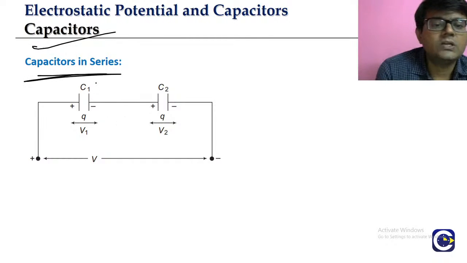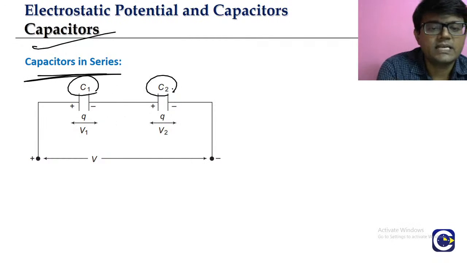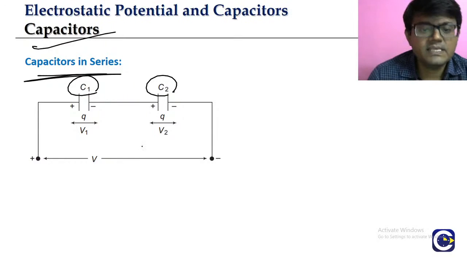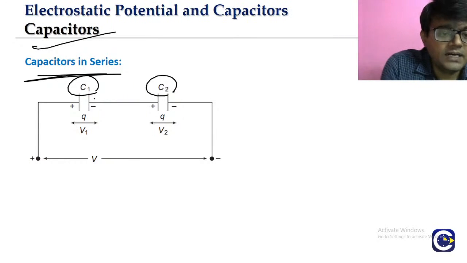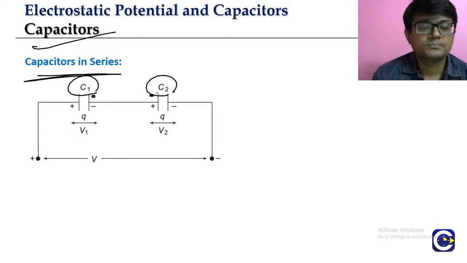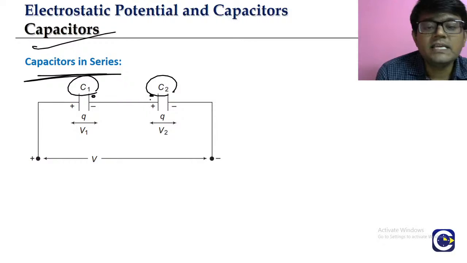We have two capacitors, C1 and C2, kept in series, so one plate of capacitor 1 is connected to one plate of capacitor 2. In series, both capacitors will have the same charge.